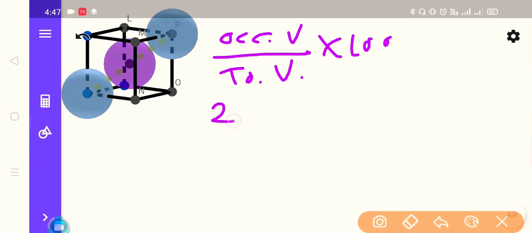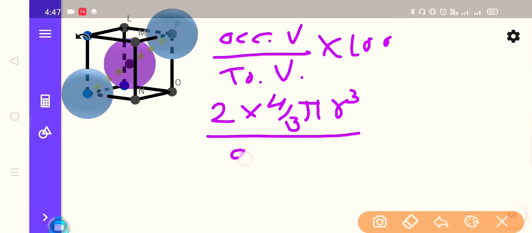Now back to our main equation, occupied volume divided by total volume multiplied by 100. The occupied volume is 2 spheres, and the volume of a sphere is 4 by 3 pi r cube, divided by the total volume, that means the volume of the cube, multiplied by 100.